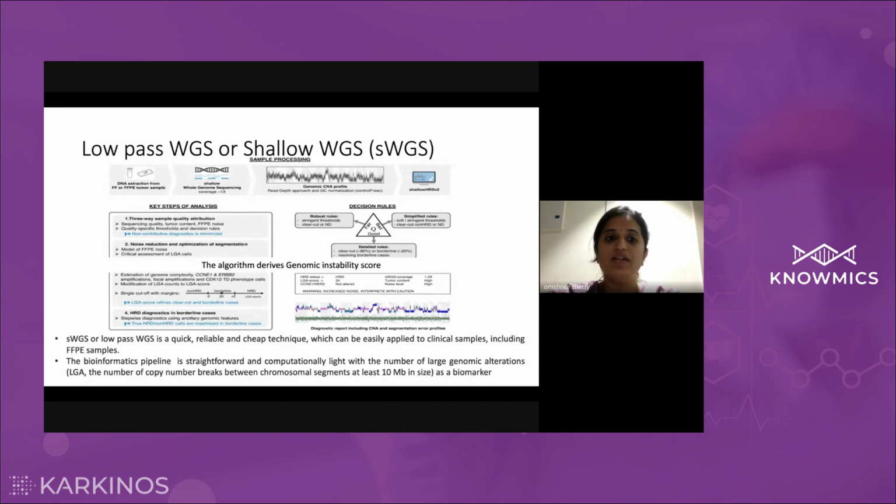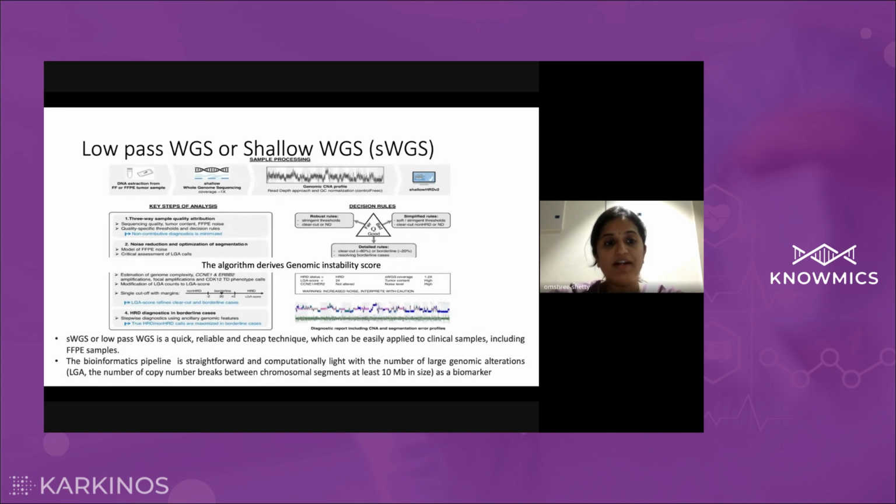It would take into account all those large structural changes or any kind of truncations, and genomic instability would be looked into by the copy number amplification profiles. Along with an intense bioinformatics network, which takes into account the TCGA database or the currently available data, that algorithm derives a genomic instability score.